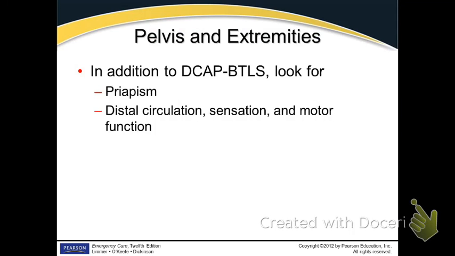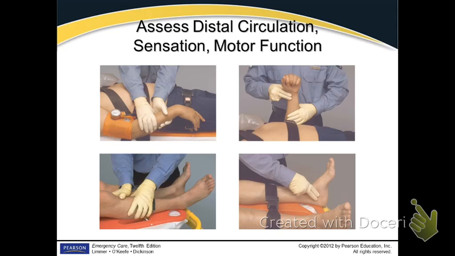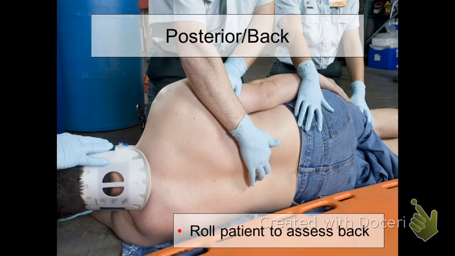Make sure you always check CMS, circulation, motor, and sensation in all four extremities, like they're showing here. Before you place them on the backboard, you do a log roll and you examine the back. You're palpating down the midline, down the spinal column to see if there's any deformity or crepitus or any tenderness there as well.